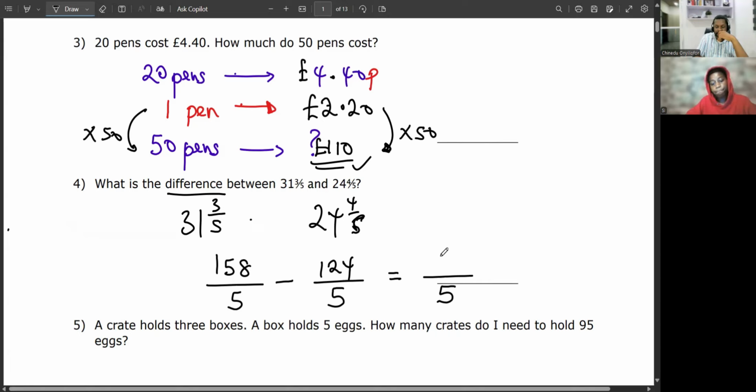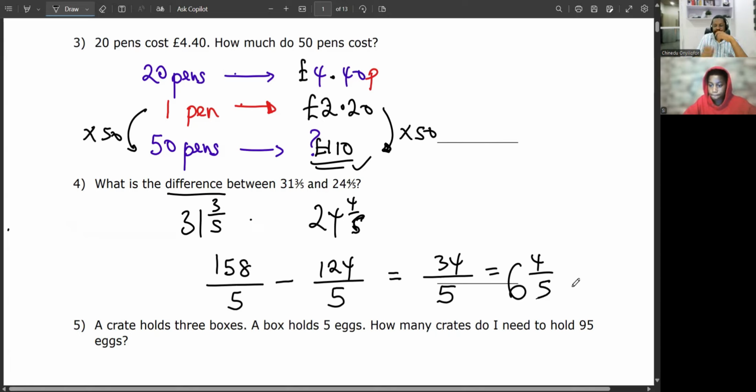34/5. Now, if you write this as a mixed fraction, what would that be? 6 remainder 4, so 6 and 4/5.